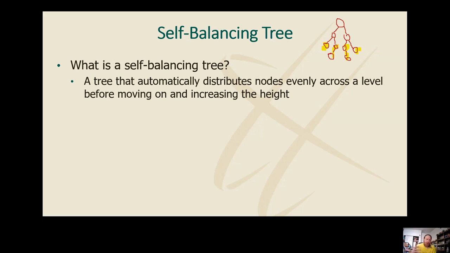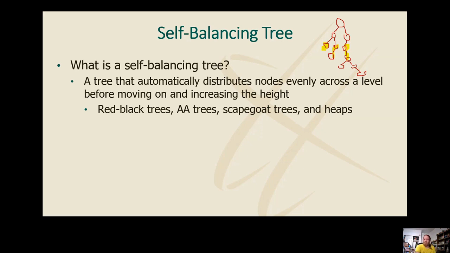As a percentage, that's a wild swing, but as just counting, that's not bad, right? Now compare that to something like this. This is wildly unbalanced, right? So this is what we're talking about. A balanced tree automatically distributes nodes across the level, which means that subtrees of the same level are going to be about the same size.